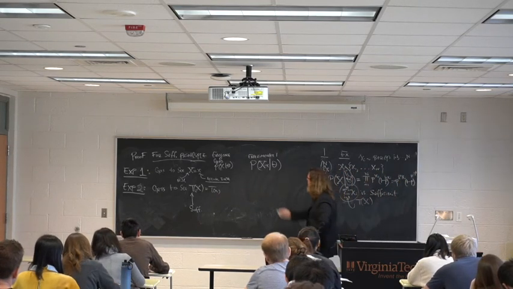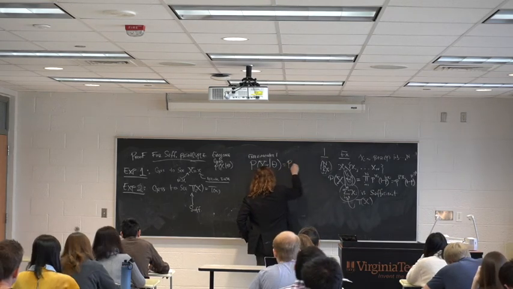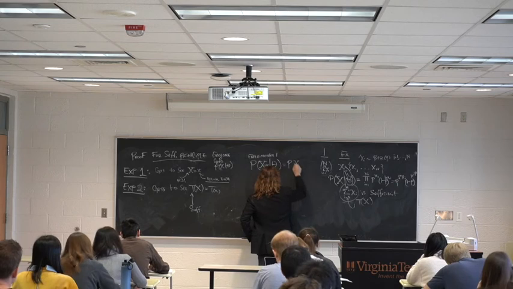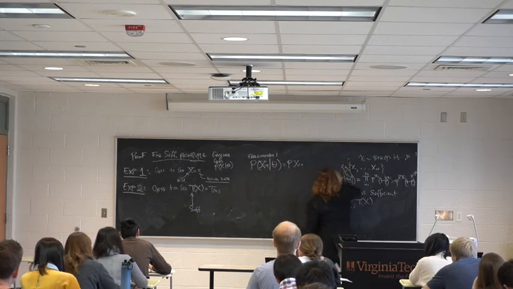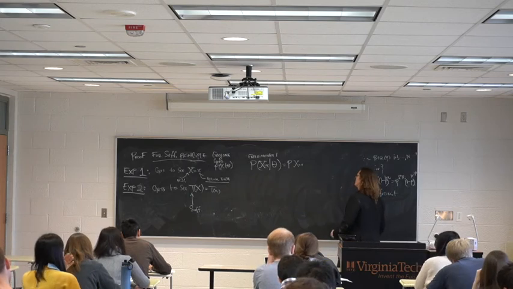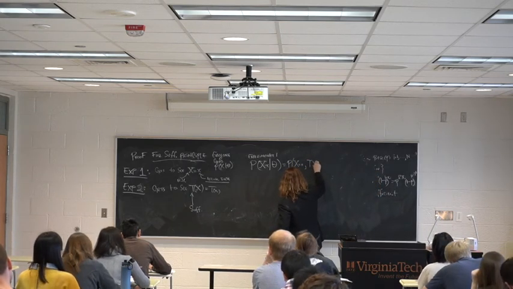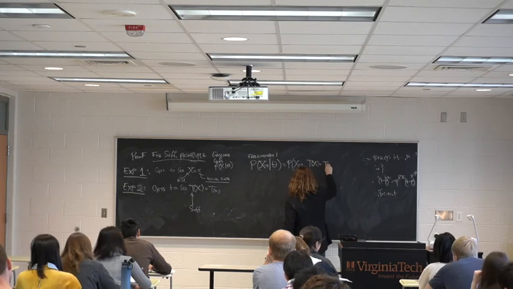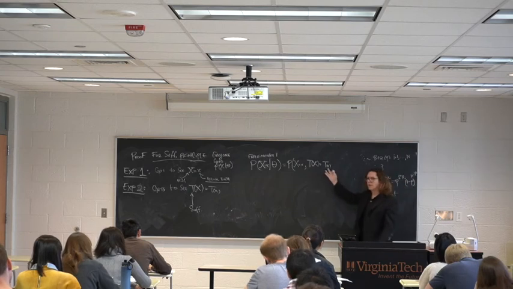Plug in x. So, no big deal. This is P of X equal to little x, the instance. And experimenter 1 can also compute this. No problem. It's just a calculation.